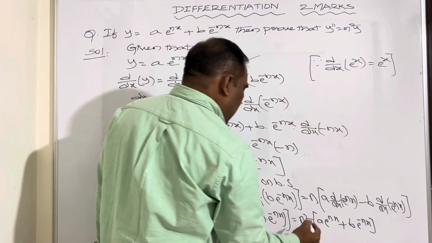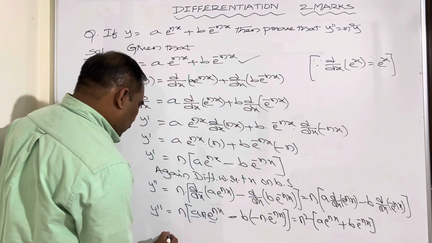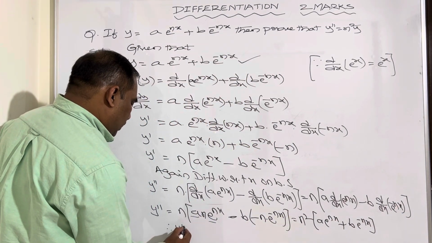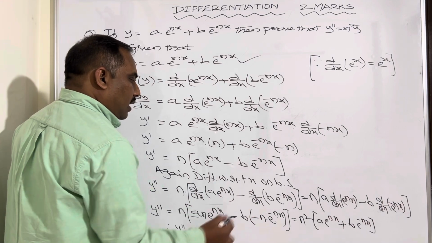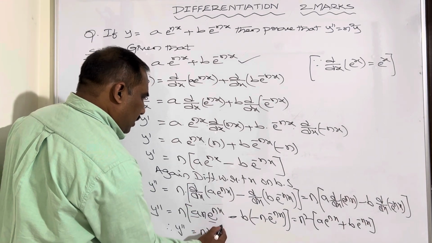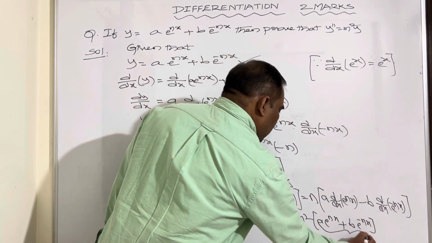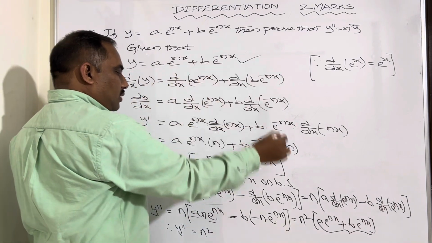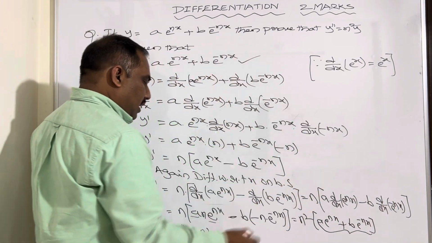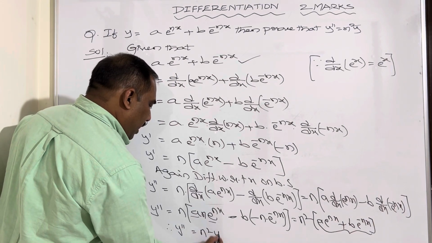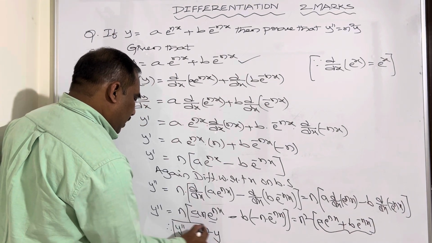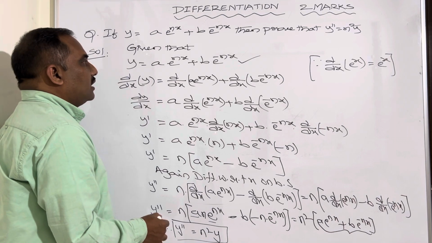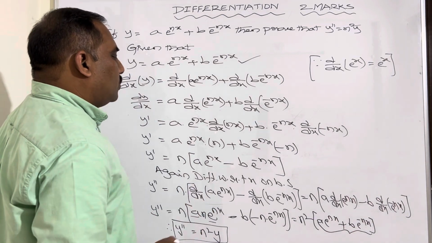So therefore y double dash is equal to n square into, this entire thing a into e to the power of nx plus b into e to the power of minus nx replaced by y. So finally we can write y double dash is equal to n square into y.